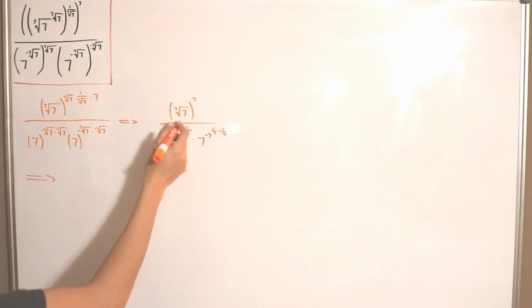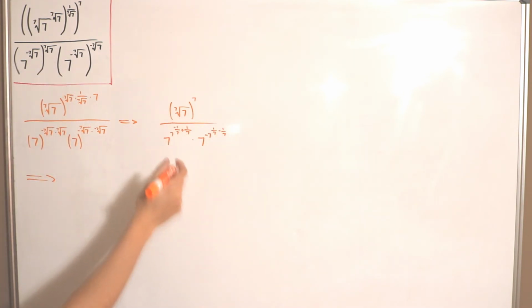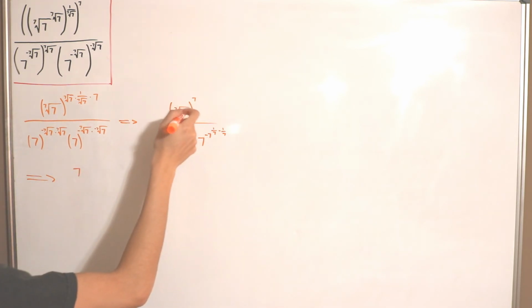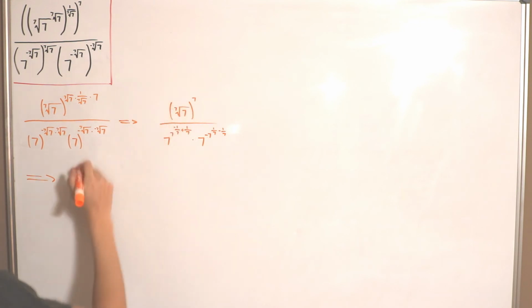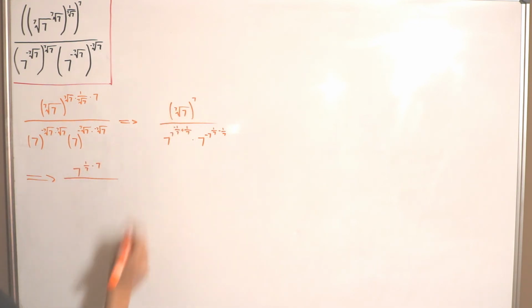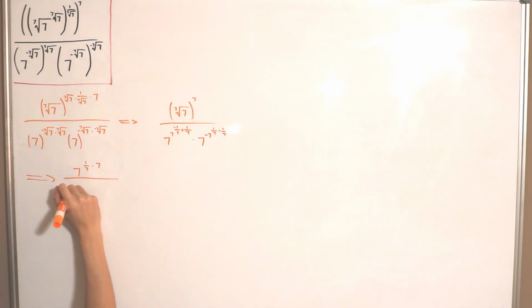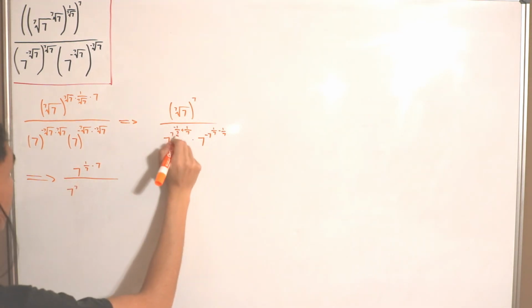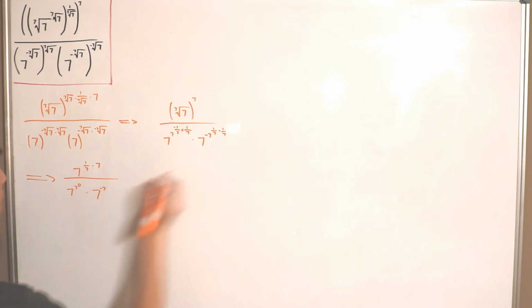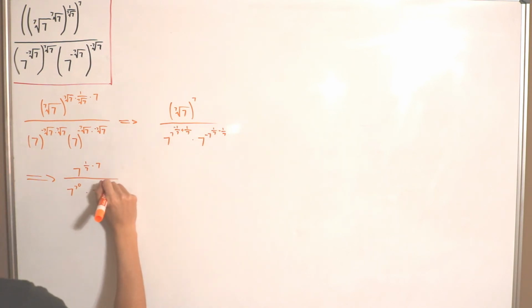When I rewrite some stuff from the numerator, this is base 7 to the power 1 over 7, then multiplied by 7. And from here, this is 7 to the power of negative 1 over 7 plus 1 over 7, that's 0. Then multiply this with 7 to the negative 7, 1 over 7 minus 1 over 7 is 0.